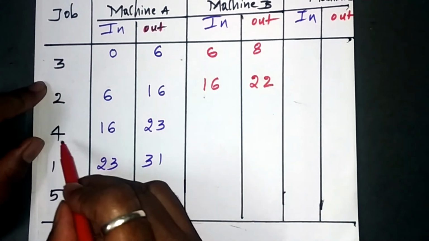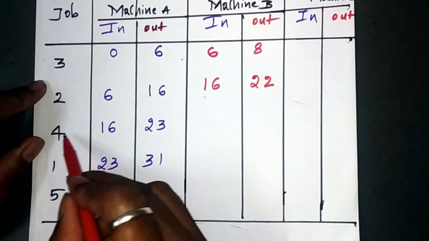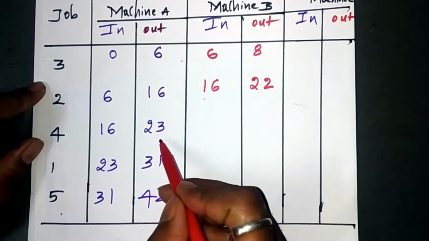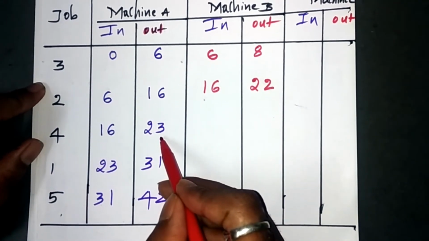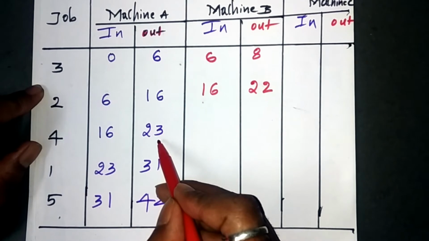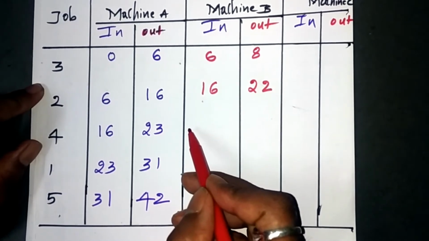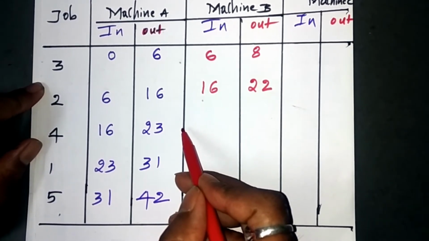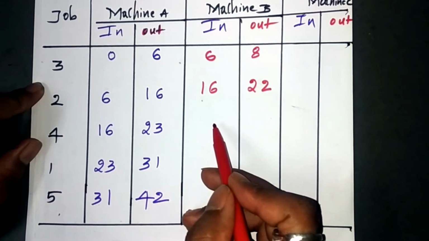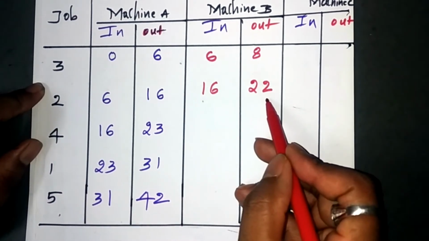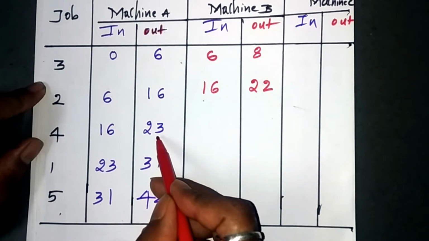Now we'll write for the fourth job. The fourth job on machine A has completed its timing at 23 hours. Now we're going to write the in time for this. Once it completes on machine A, it will move to machine B. Here we have a 22 and here we have a 23. Which is the maximum number?